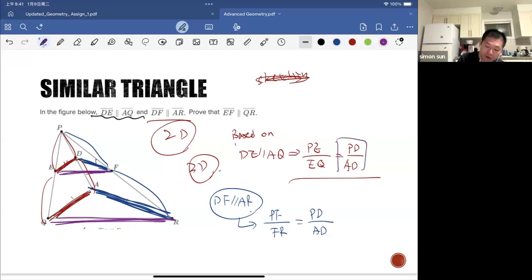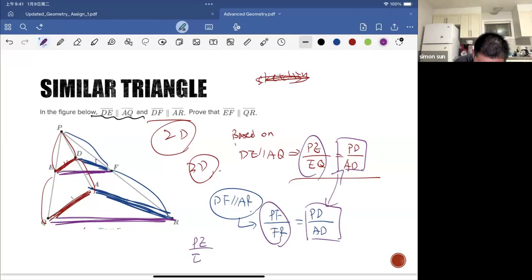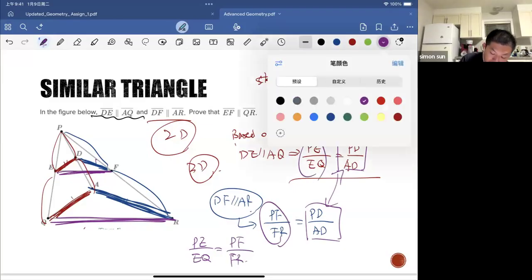Look at here. PD over DA, PD over DA, they are equal to the same thing. So those two are actually equal. So PE over EQ is also equal to PF over FR. Take a look at the graph.